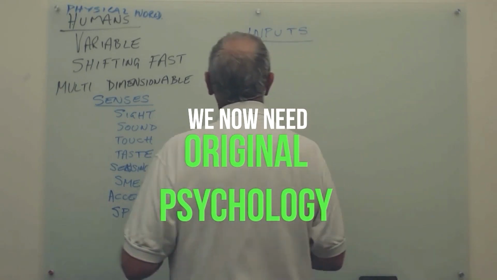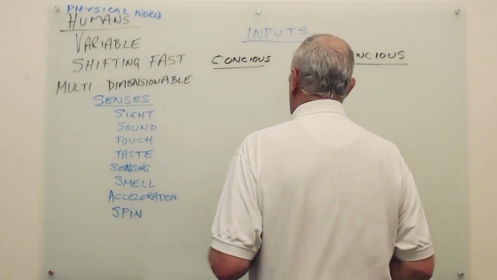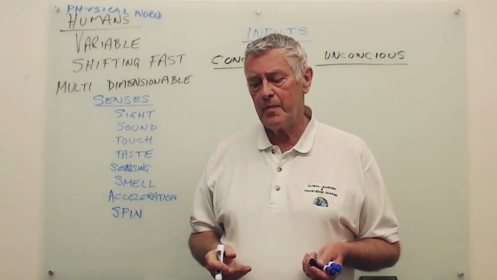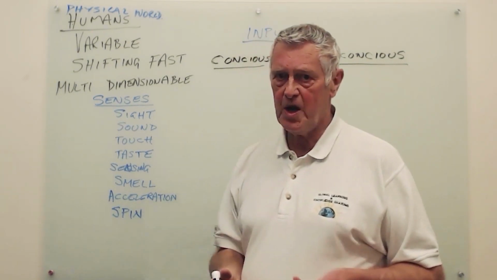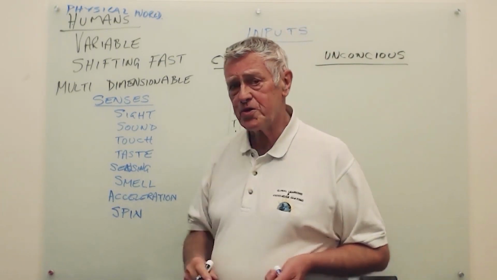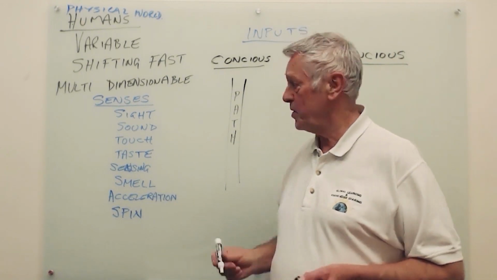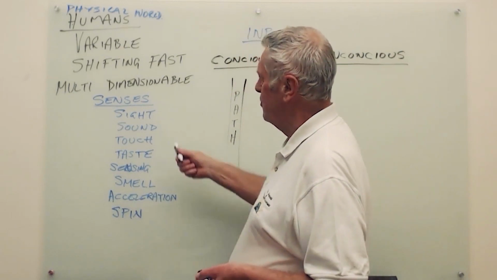Inputs. You have a conscious mind and an unconscious mind. When you're trying to teach people something, there are two different paths you can use as a teacher, which I use. There's the conscious mind path, and that's the path that nearly everybody uses. They talk to your conscious mind using your senses.